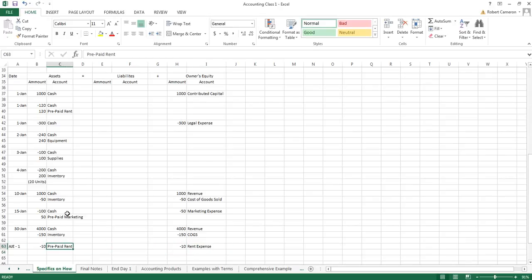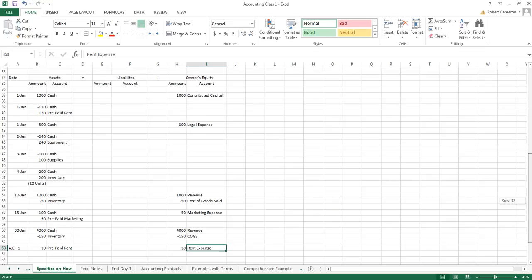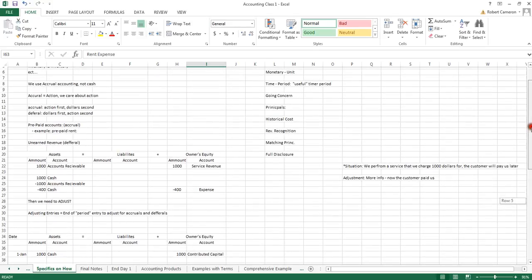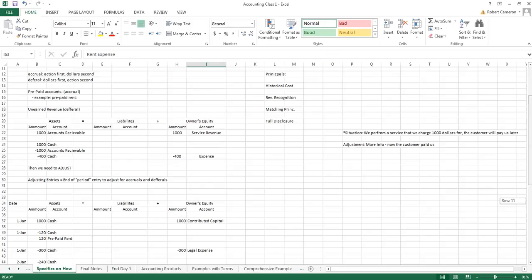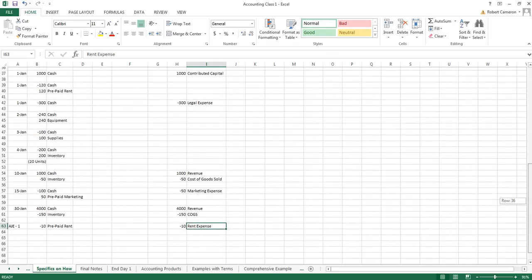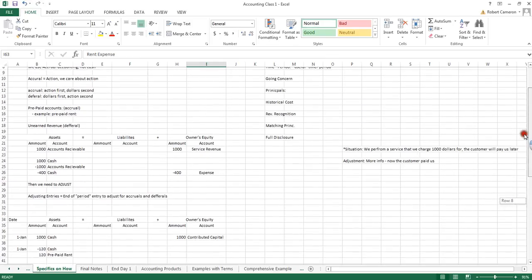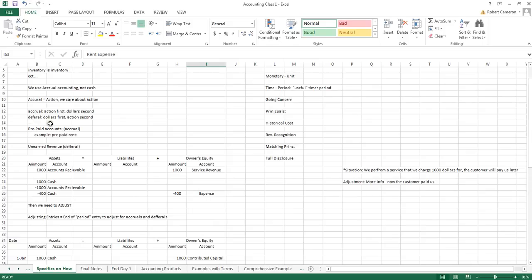We've used a month of the rent, so we're going to take away this prepaid rent because we don't have as much prepaid. We don't have as much rights to use. And now we're going to say, okay, so rent expense. We're going to recognize the expense. Why are we doing this? Because of the economic substance, accrual. The actual initial entry was a deferral, where we had dollars first and the action happened later.